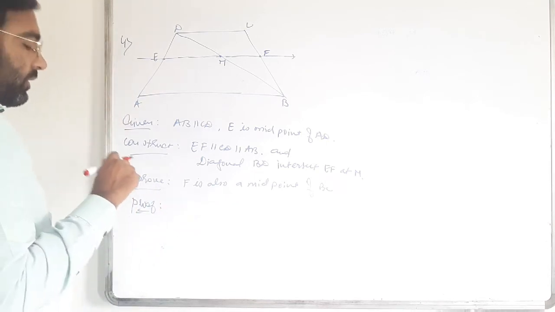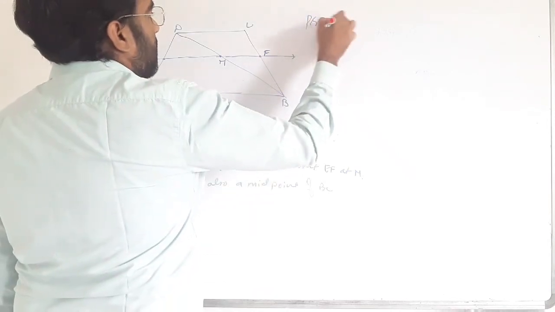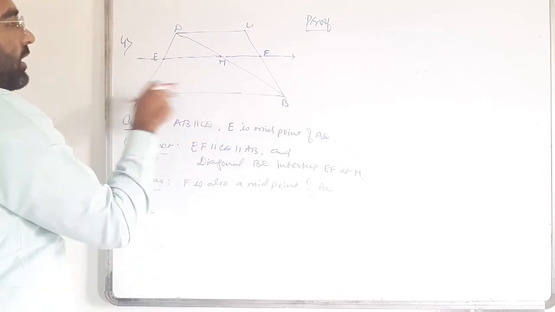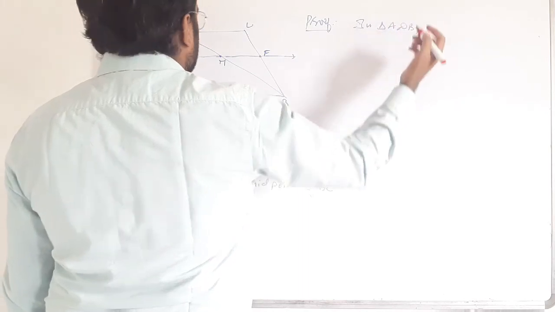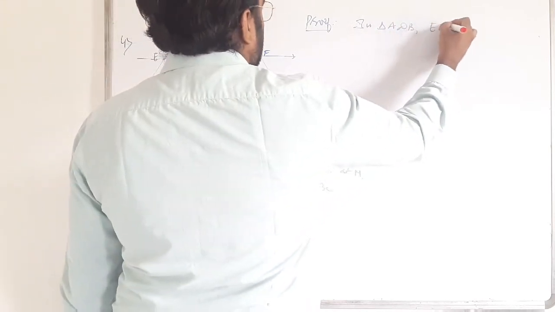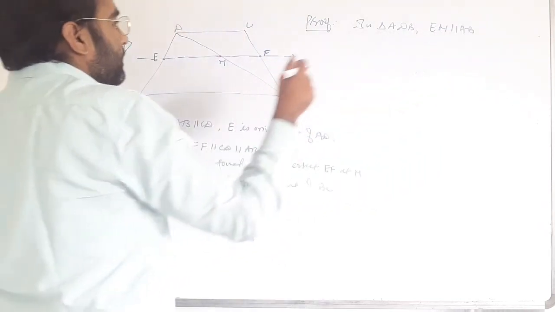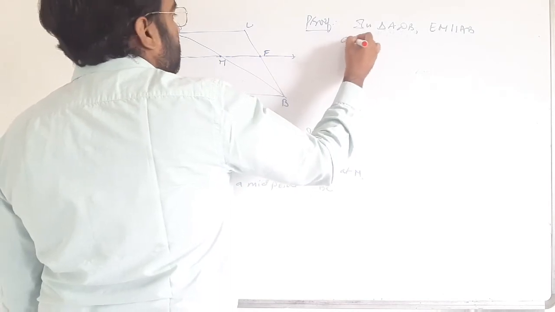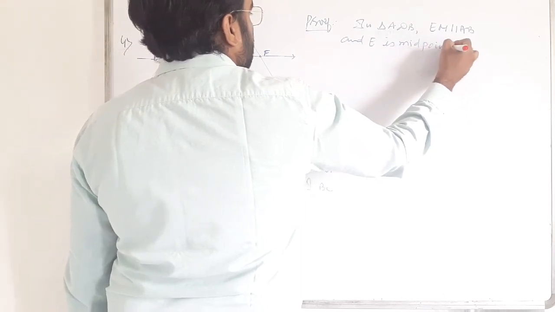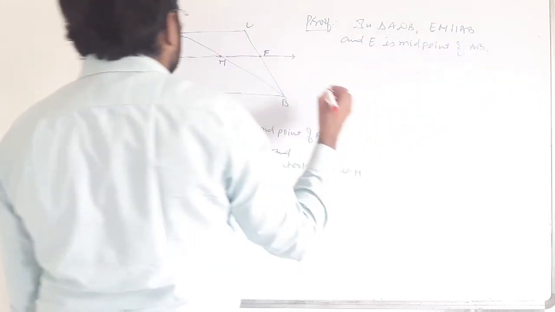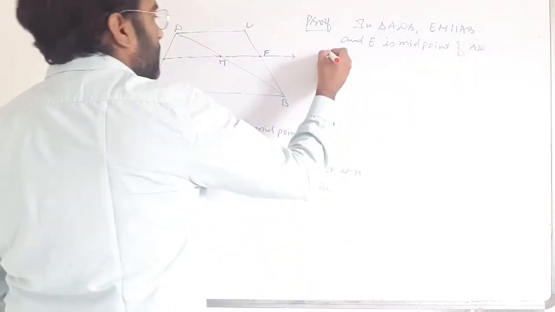So in the proof, in triangle ABD, EM is parallel to AB because parts of parallel lines are parallel, and E is the midpoint of AD.